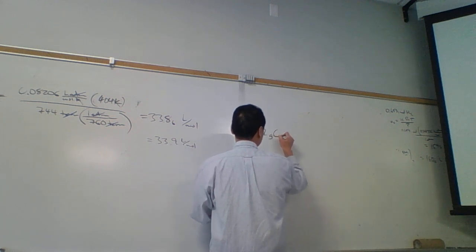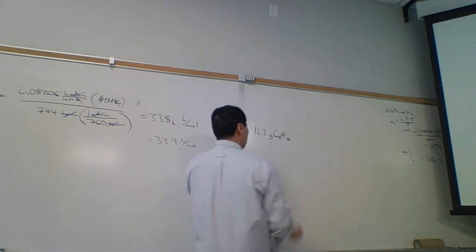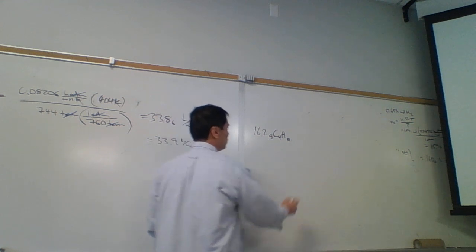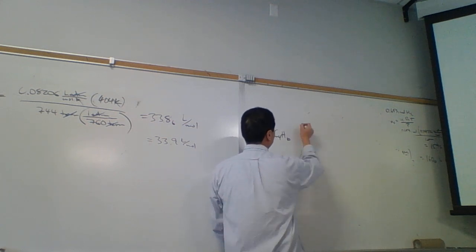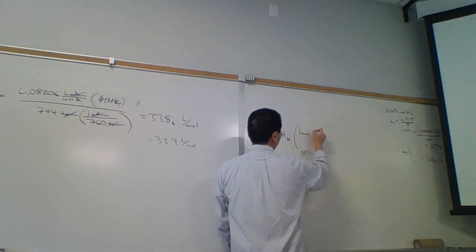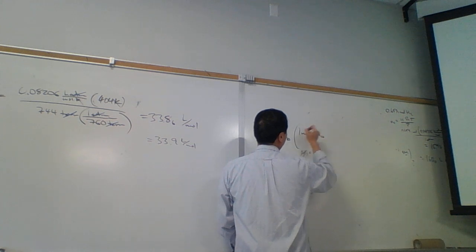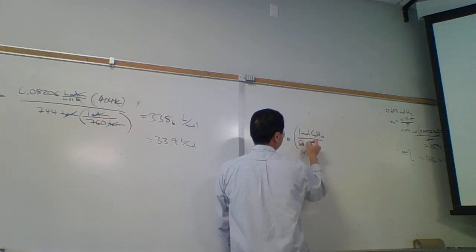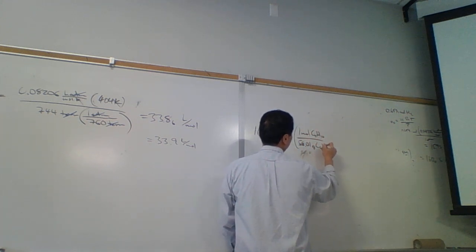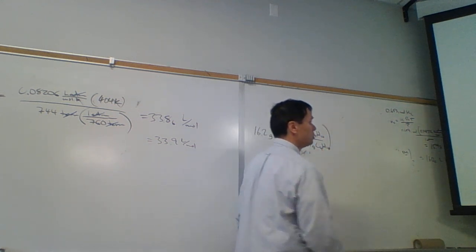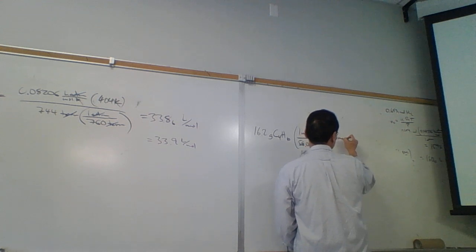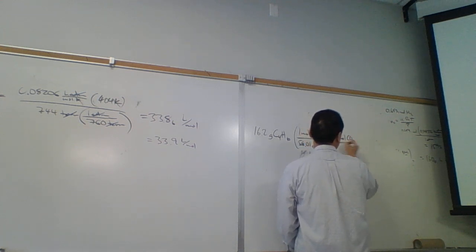16.2 grams of butane, C4H10. And then what's the molar mass of C4H10? Look up. 58.01. 1 mole of C4H10 weighs 58.01 grams. 8 to 2 mole ratio: 8 moles of CO2, 2 moles of butane.